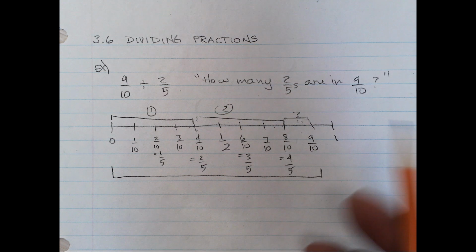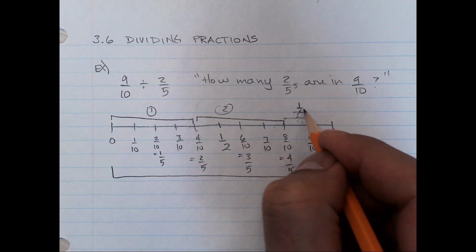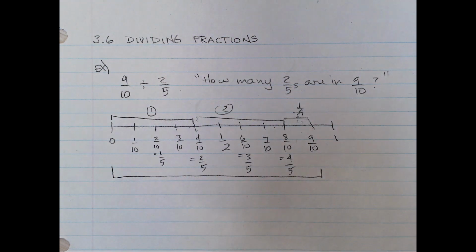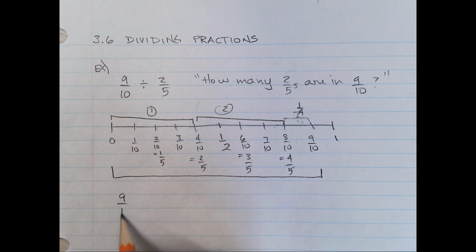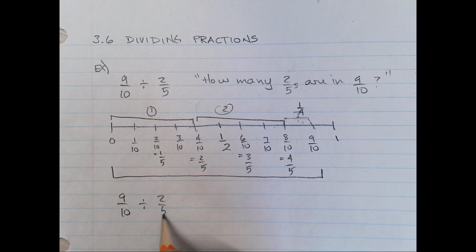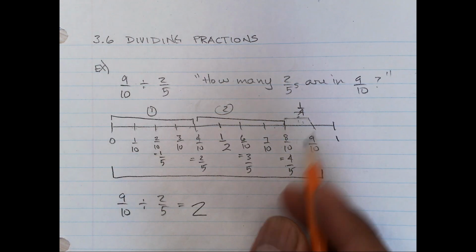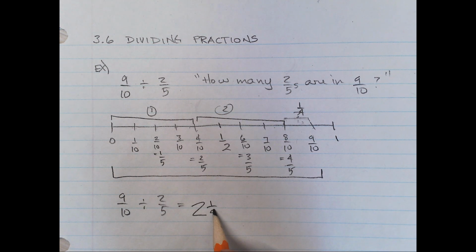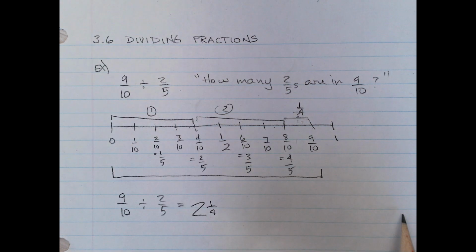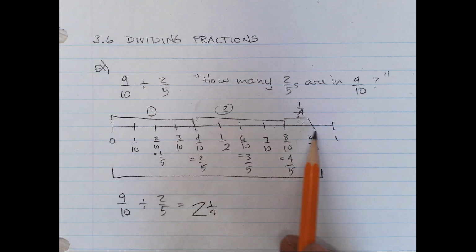Okay, so this last piece is only a quarter. So now to answer our question again, how many 2/5 are there in 9/10? Well, we have 1, 2, and a quarter of 2/5 in 9/10. That's how you use it to model a number line.